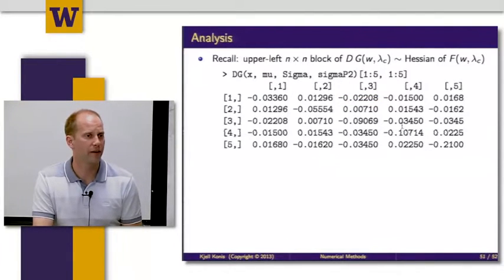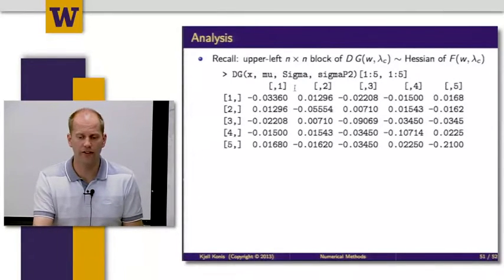Since the matrix isn't in diagonal form, you need to compute its eigenvalues. The computed point, W sub c, will correspond to a maximum if this matrix is negative definite, and to a minimum if this matrix is positive definite.